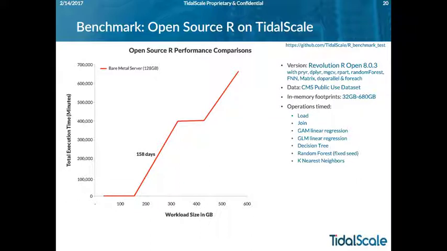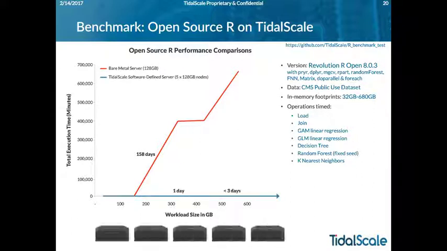So we've used in-memory footprints from 32 gigabytes to 680 gigabytes using standard 128 gig physical nodes. Obviously you can buy bigger nodes than that and use that in TidalScale, but the point was to do this comparison and show how by using these cookie cutter, or Lego sized, worker nodes, you can scale up the number of nodes and keep everything in memory.